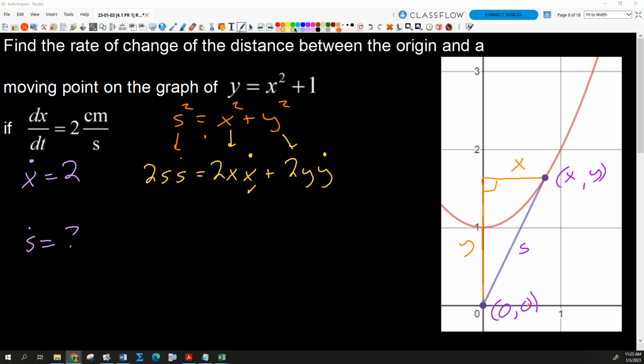I don't know x, do I? Right, I don't know x. You know, I probably need to pick a point here on this graph too. I'm going to do that. Let's pick the point. I'm going to say this.